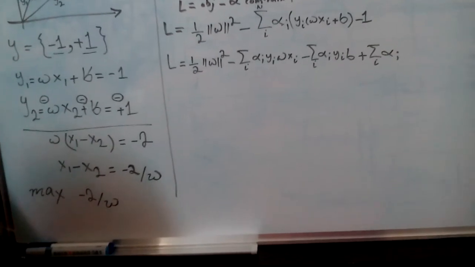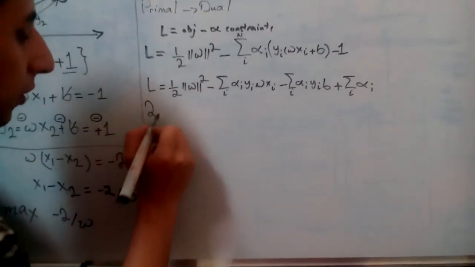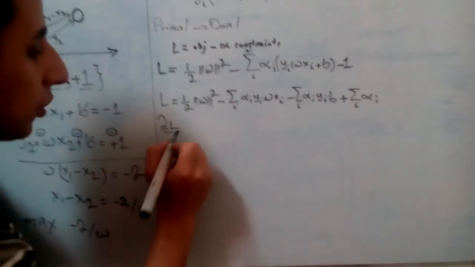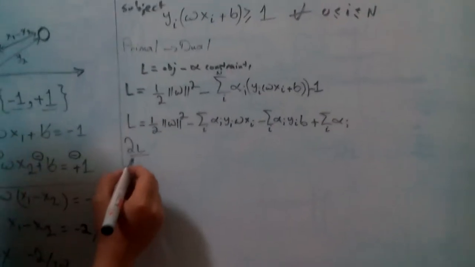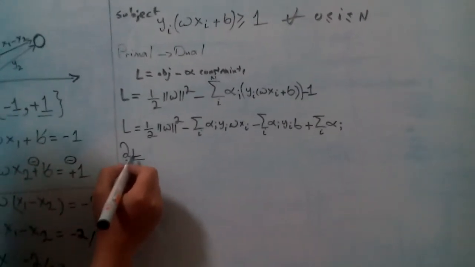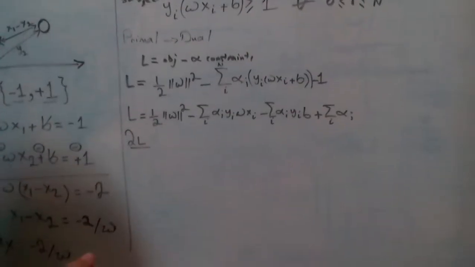Then we need to find the constraints, the new constraints. How do we find them? According to the Lagrangian rule, we have to get the first derivative of the objective function with respect to the parameters of our equation. So we do the first derivative of L to the parameters of the equation we are trying to minimize.